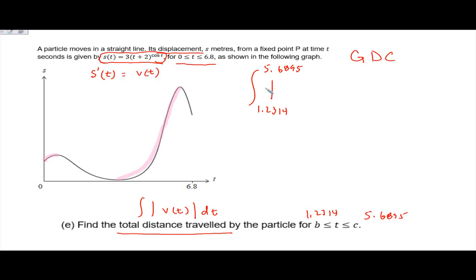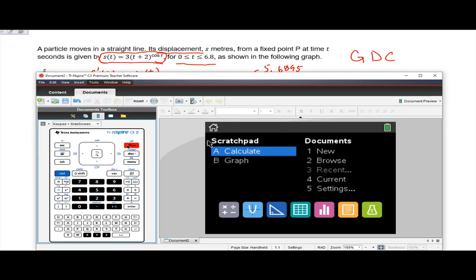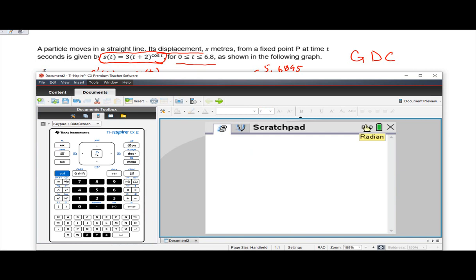So when you do this on the calculator, you have to make sure you take the derivative of this so that what goes inside is velocity. Let me show you how to do that on the Inspire. Let's go to calculate, and make sure we're in radian.